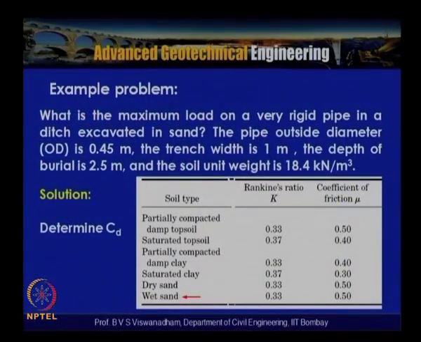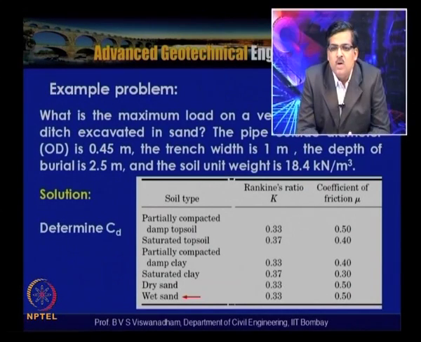We need to calculate the maximum load on a very rigid pipe in a ditch excavated in sand, and the pipe outside diameter, that is the outer diameter of the pipe, is 0.45 meter, and the trench width is about 1 meter, and the depth of burial is 2.5 meters, and the soil unit weight is 18.4 kilonewton per meter cube.